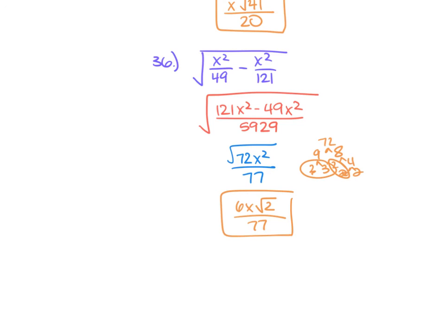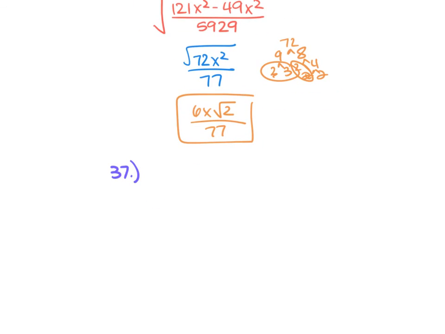For 37, we have the square root of x squared over a squared plus x squared over b squared. So, least common denominator here is a squared b squared.